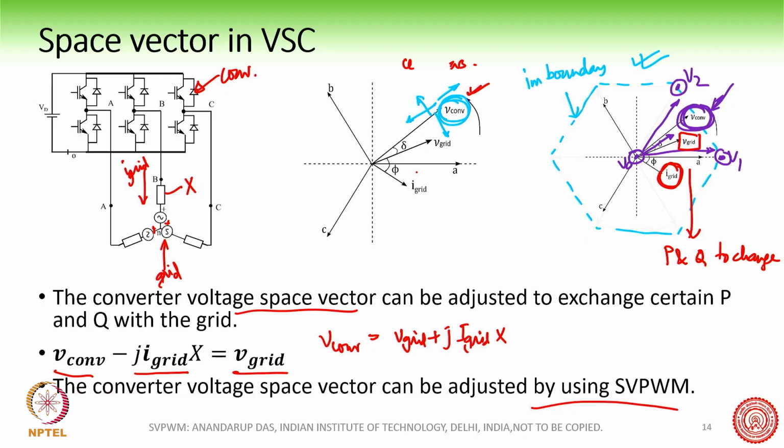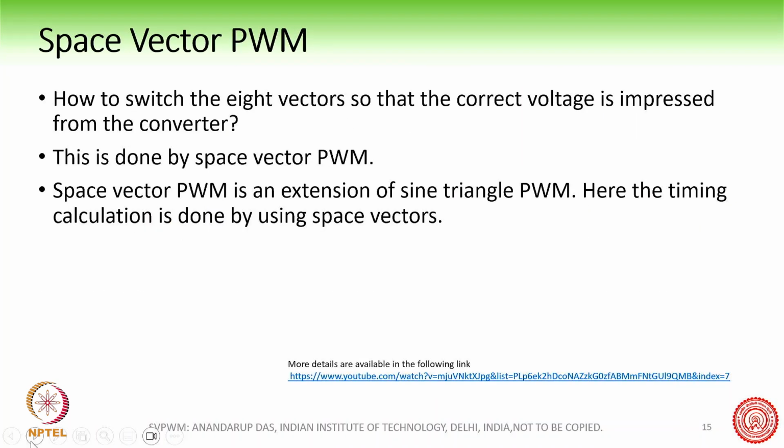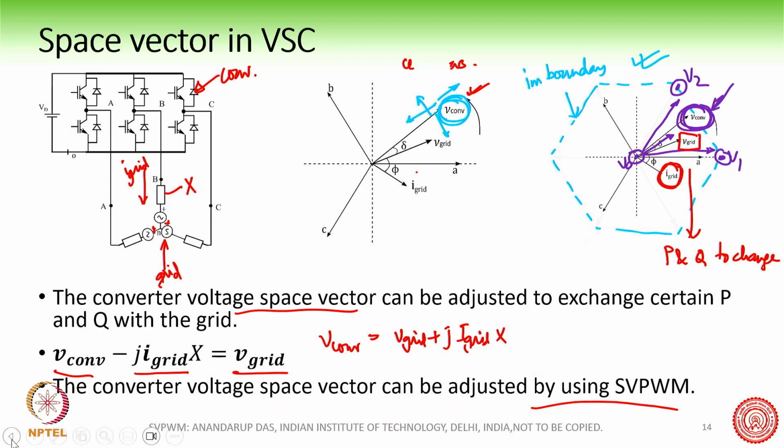Okay, how do we calculate the timings of V1, V2 and V0? So now we will see about space vector PWM. As you have seen in this slide, we can control the V converter voltage, and to manipulate this V converter voltage we have to use V1, V2 and V0, these active vectors, right?